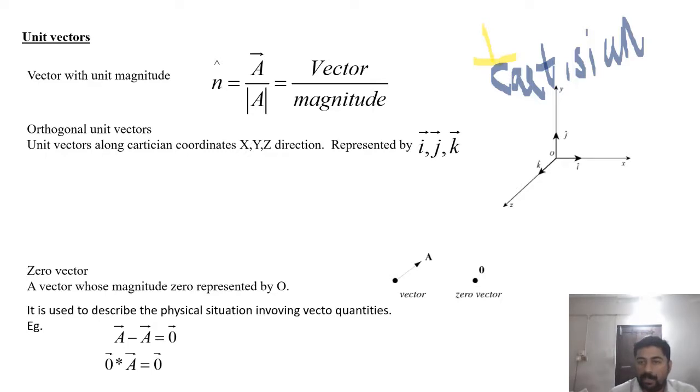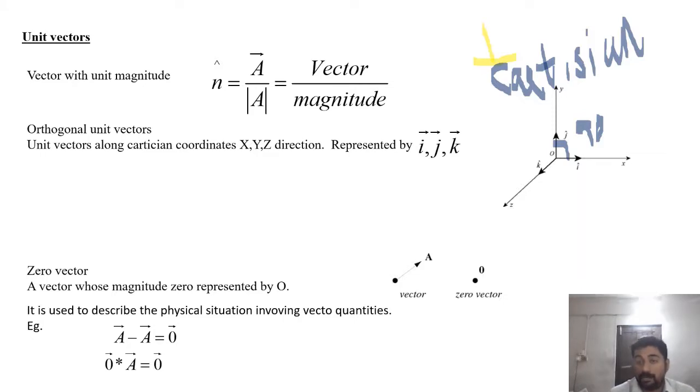We have an x here, we have a y here, and we have a z. The angle between x, y, and z is 90 degrees. This is called Cartesian coordinates. The x, y, z axes are all perpendicular.